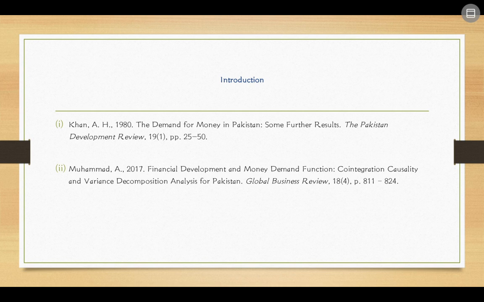The two key sources found relevant on the topic of demand for money in Pakistan at the country level are: the first one is Khan A.H. 1980s, The Demand for Money in Pakistan: Some Further Results, Pakistan Development Review 1980, and the second one is Muhammad A. 2017, Financial Development and Money Demand Function: Cointegration, Causality, and Variance Decomposition Analysis for Pakistan, Global Business Review.